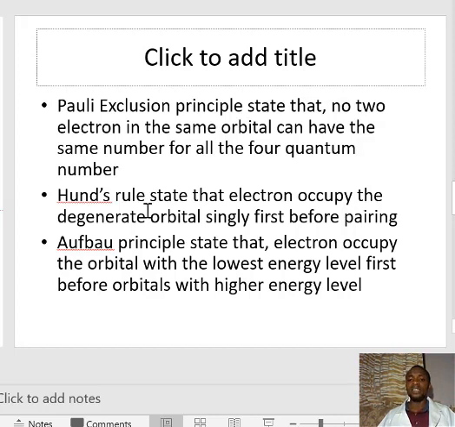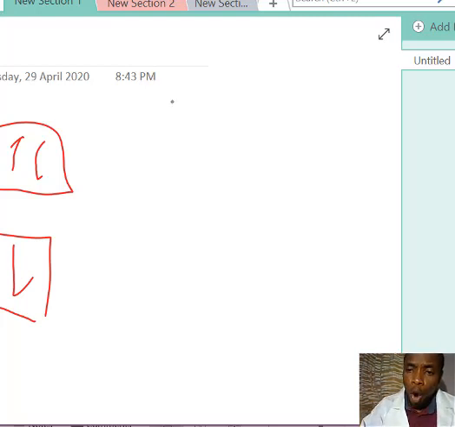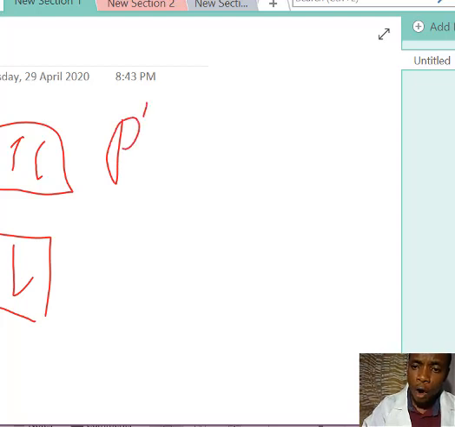So, electrons occupy the degenerate orbitals singly first before pairing. Meaning, if electrons are to occupy the orbitals, they will first occupy the orbitals singly. Let's assume we have P orbitals, having let's say 4 electrons.